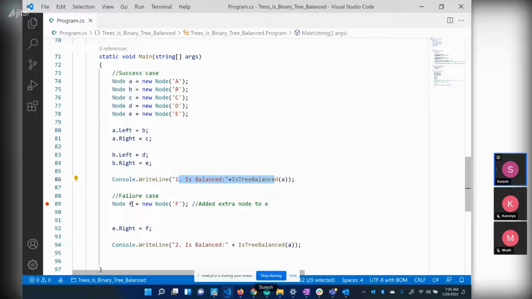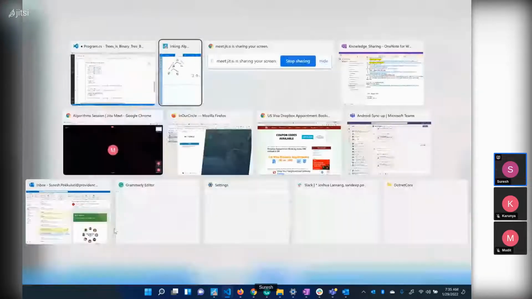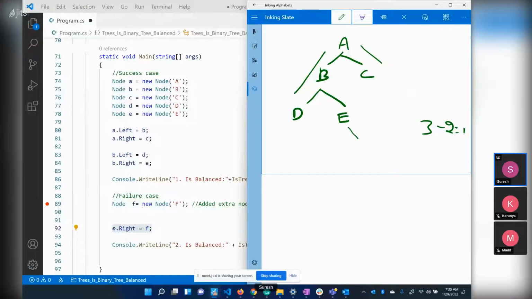Now, the failure case: we are adding one more node F. We are creating one more node F, adding an extra node to E. So we are adding F to the right of E. That means we are adding F here.